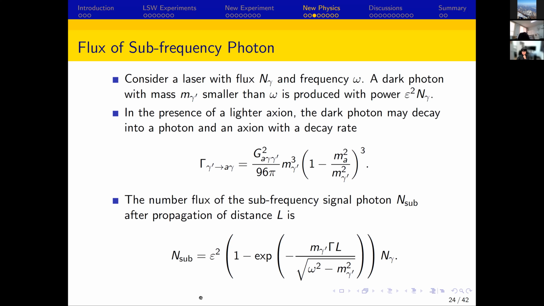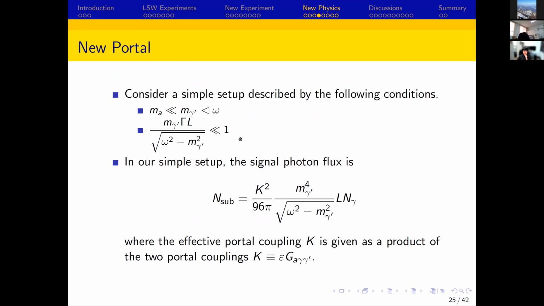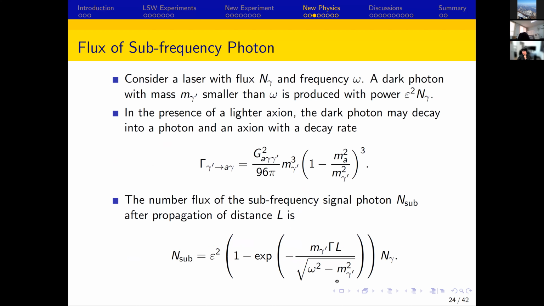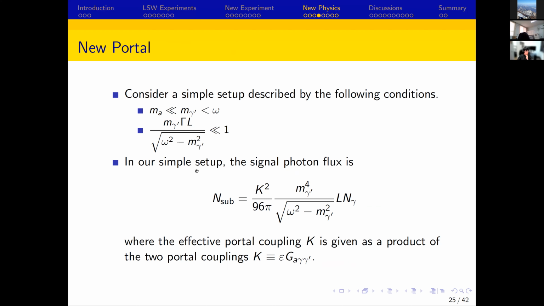Okay. And that is just a simple calculation. And to simplify the situation, we assume these two conditions. The first condition is that the mass of the axion is much smaller than that of the dark photon, and the term in this exponent is much smaller than 1, so it is sufficiently small.